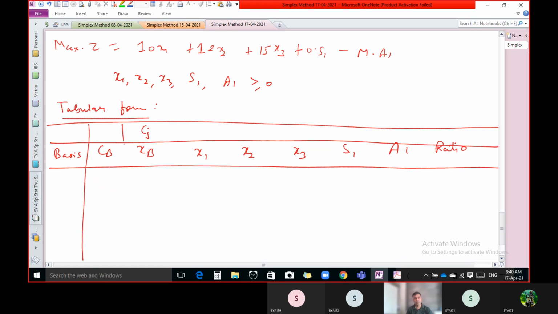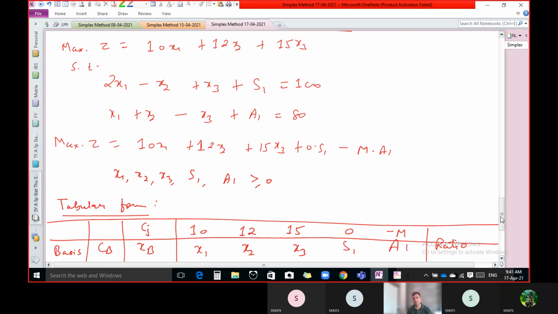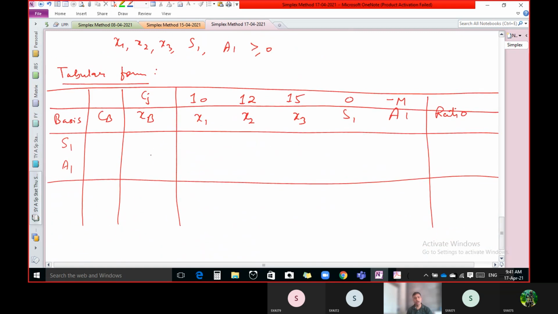Okay, now the first step, put the values of Cj. The coefficient of X1 is 10, X2 is 12, X3 is 15, 0 and here you have to write minus M. Here in basis you have to write the slack variable for the first constraint and the artificial variable for the second, because we added the slack variable in the first one and the artificial in the second one. Now the coefficient of S1 is 0 and A1 is minus M.